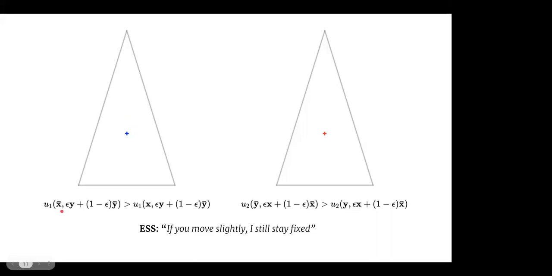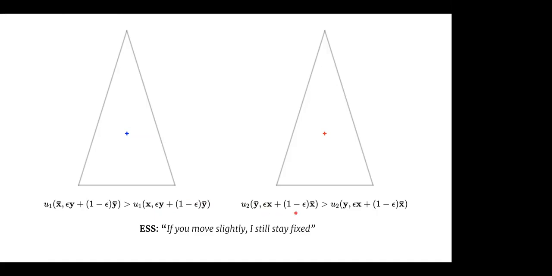Then I'm actually better off. I will receive a higher expected payoff by staying at my Nash equilibrium than I would if I deviated as well. That's essentially what the evolutionary stable strategy is saying. And similarly, agent Y says, okay, I'm at my Nash equilibrium.